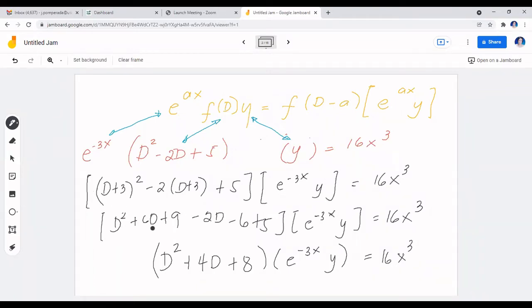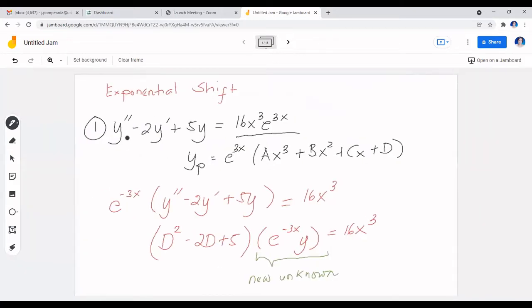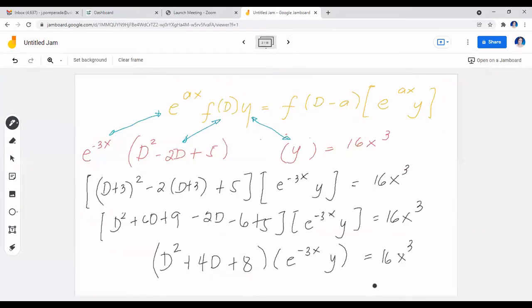So D squared plus 6D plus 9 minus 2D minus 6 plus 5. And we copy this and we copy this. Then again, simplify further. You have D squared, you have 4D, and you have 8. 9 minus 6 plus 5, 8. And we have this. Your original DE, the given DE, was now transformed in this form using exponential shift.